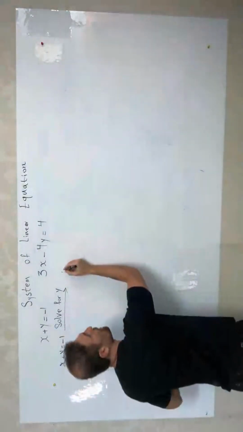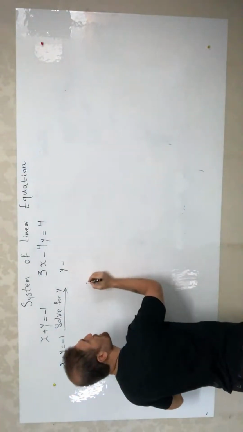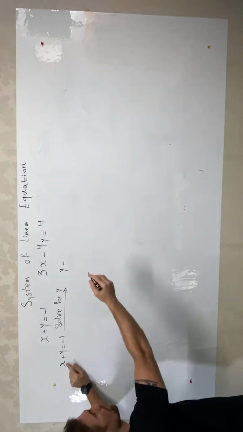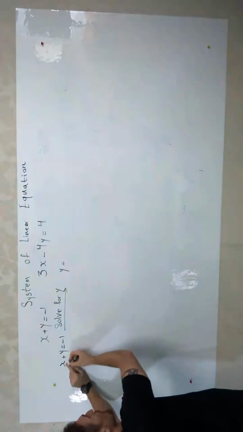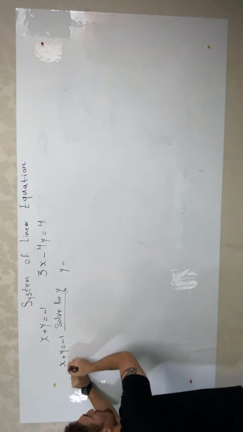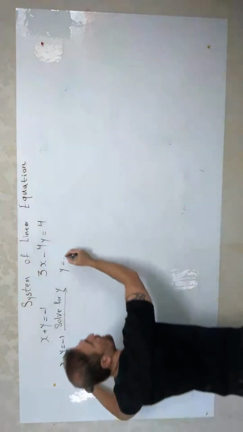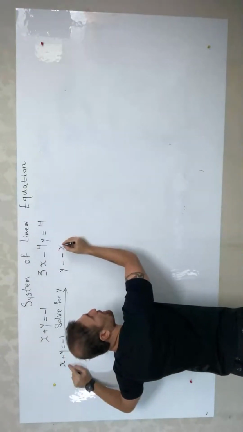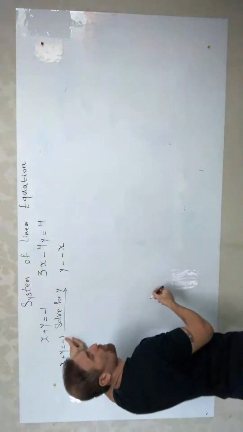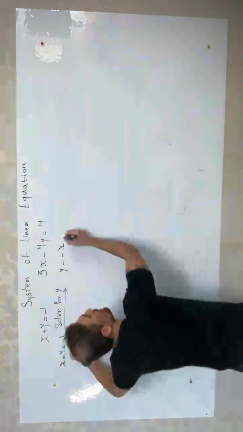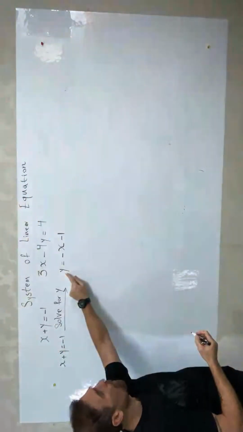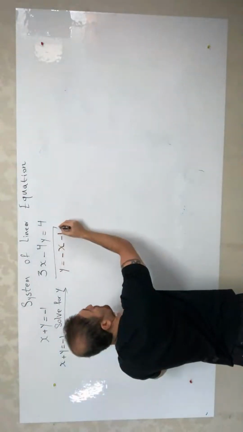So I want to write y here on the left side. Let's transpose x to the other side. Do not forget, when we move a term across, we change its sign. This is positive x, it's going to be negative x. Negative 1 is already on the right side, so we don't change it. So y equals negative x minus 1. Keep it here.